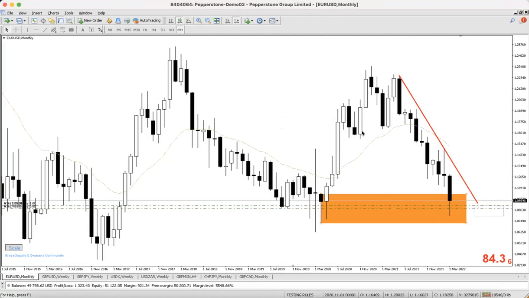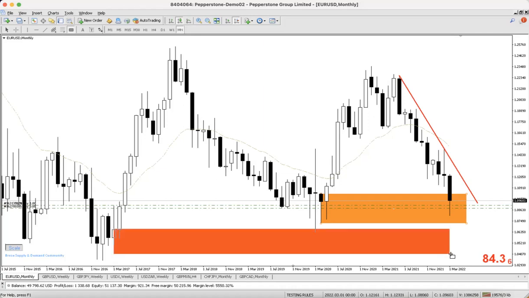Euro USD on the monthly trend line is showing that it is going down, right? So going down, it means Euro USD can actually come to reach this area. But what is very interesting is this area was already tested, okay? And after this area was tested, there was a zone that was formed there.